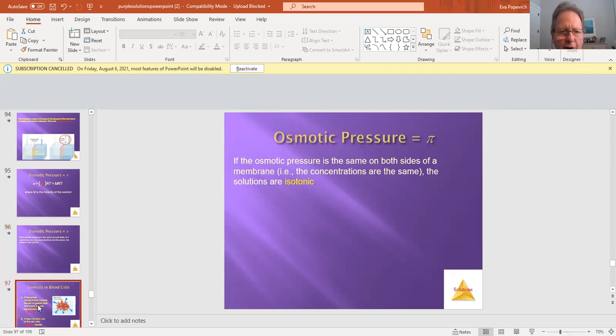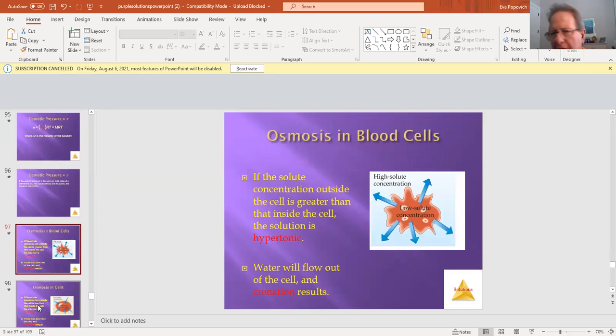But again, as you guys that are going into medicine need to be aware, if the concentration outside the cell is greater than inside the cell, the liquid that's inside the cell moves out of the cell, and basically you lose all the water in the cell and crenation occurs.